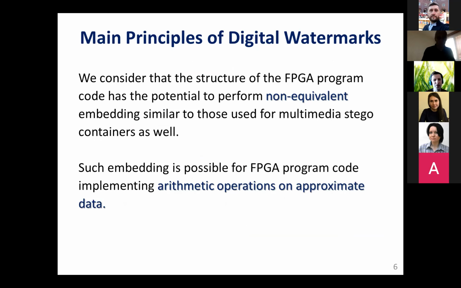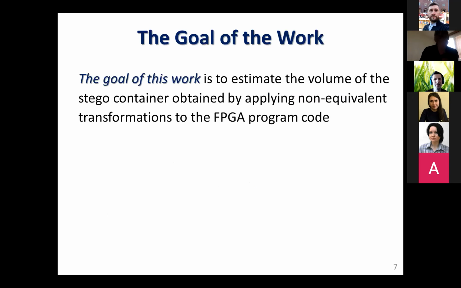Such embedding is possible for FPGA program code implementing arithmetic operations on approximate data. So the goal of this work is to estimate the volume of the Stega container obtained by applying non-equivalent transformation to the FPGA program code.